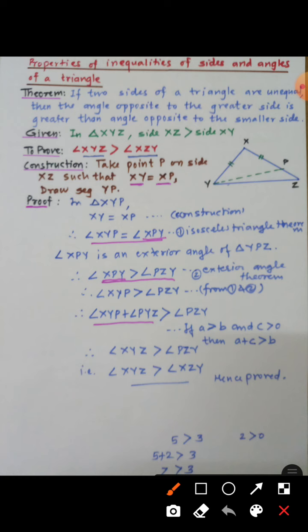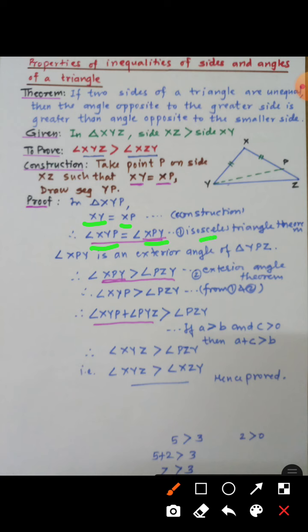Proof. In triangle XYP, segment XY is equal to segment XP by construction. Therefore, angle XYP is equal to angle XPY by the isosceles triangle theorem.